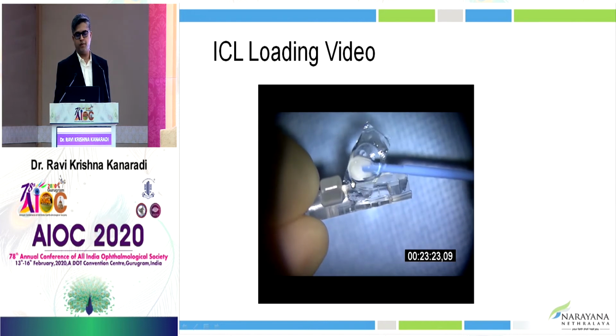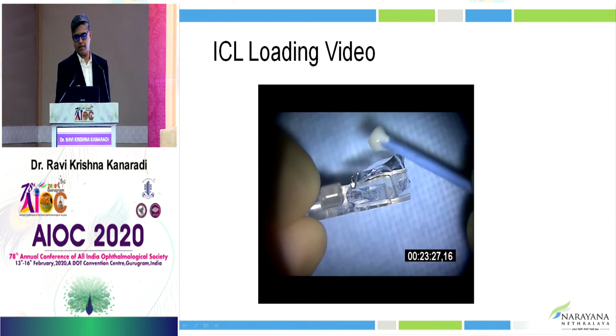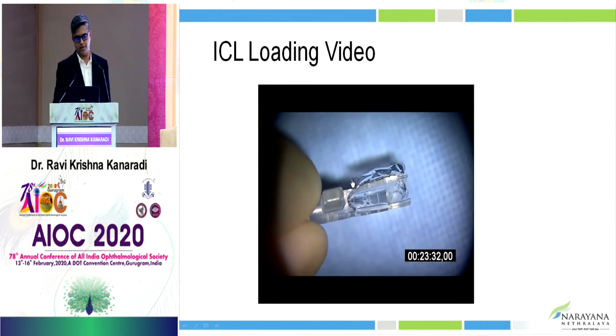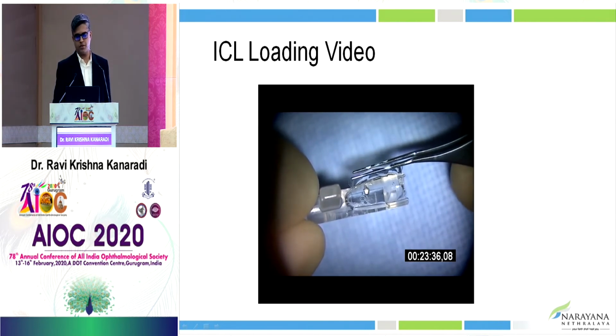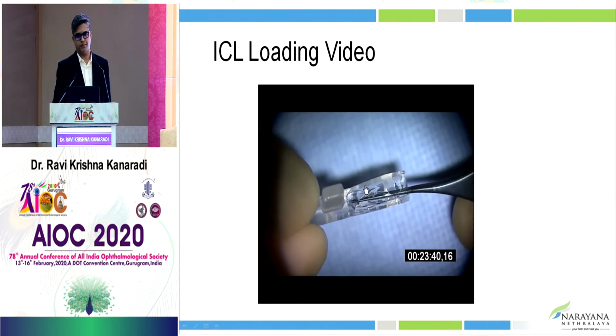With the same foam tip we can push the other edge of the lens inside the cartridge. Some people also use non-toothed forceps; it's better not to touch the optic.